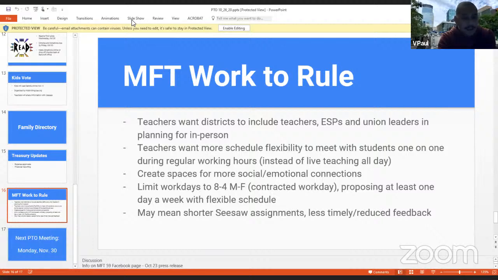I actually didn't know anything about this until I received an email saying literally pretty much what this says. The Federation is doing a work to rule effort. They want to be at the table with discussions for in person.